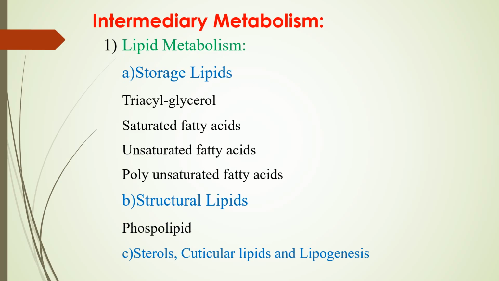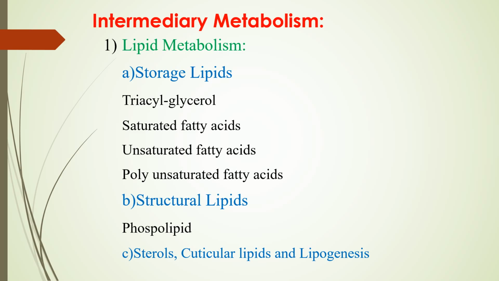Now, second, lipid metabolism. The lipids comprise a large group of heterogeneous compounds, such as fatty acid esters of glycerol, sphingosine, phosphoglycerides, non-polar alcohols, steroids, prostaglandins, and hybrid molecules such as lipoproteins and glycolipids.